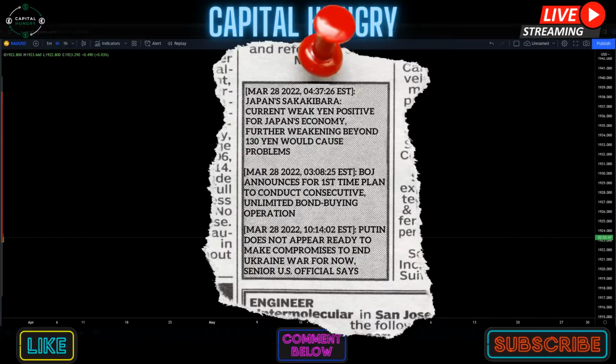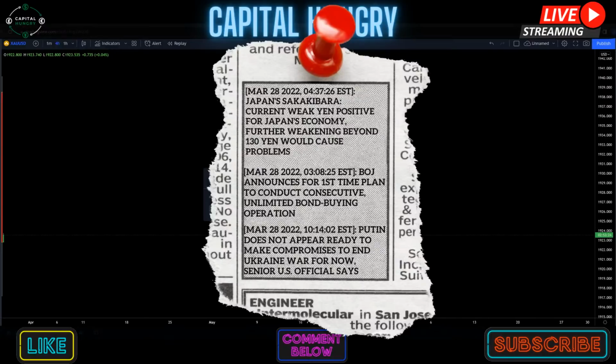This is weakness for the Japanese yen and strength for the Japanese stock market, but Japan doesn't mind having a weaker Japanese yen, as a current weak yen is a positive for Japan's economy. Okay, so this weakness in the yen and the upside on GJ is what we trade as manual retail traders.